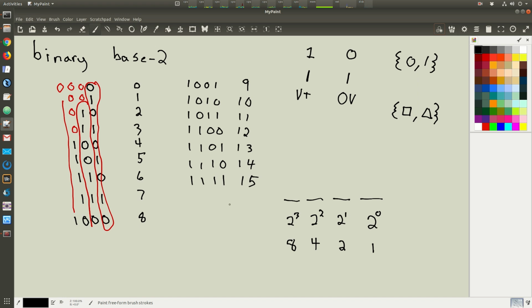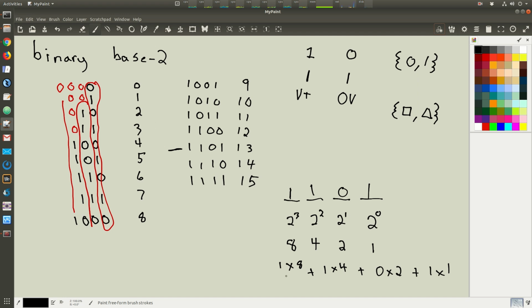Okay, so when we look at this number, let's look at 13. We have 1, 1, 0, 1. Okay, so what that means is we have 1 times 8, so we have 1 in the 8's place, plus 1 times 4, plus 0 times 2, we have no 2's, plus 1 times 1.